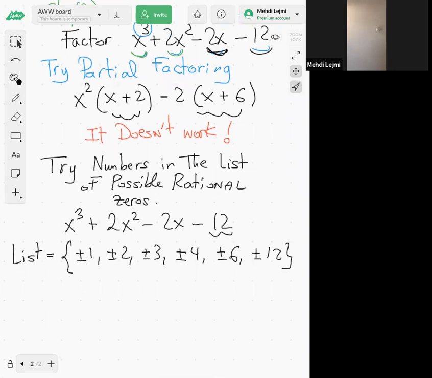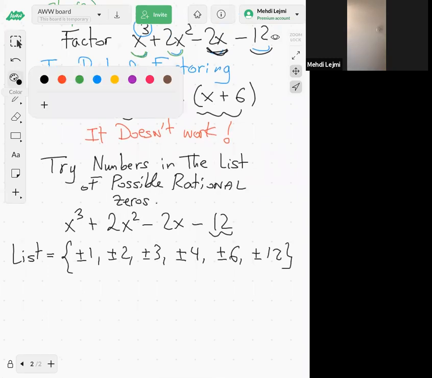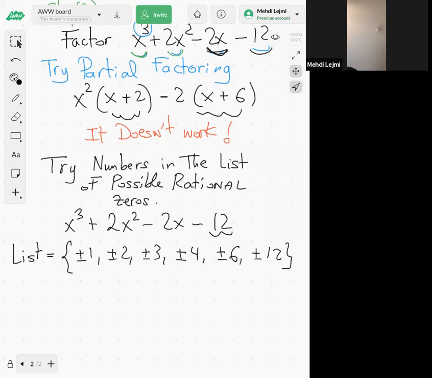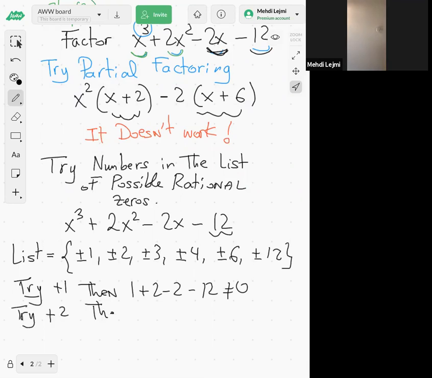So for example, if you try 1, then you're going to have 1 cubed plus 2 minus 12, that's not 0, so 1 is not the solution. You can try negative 1. You can try positive 2, right? If you try positive 2, then you're going to have 2 cubed, that's 8, plus another 8, minus 4, minus 12.